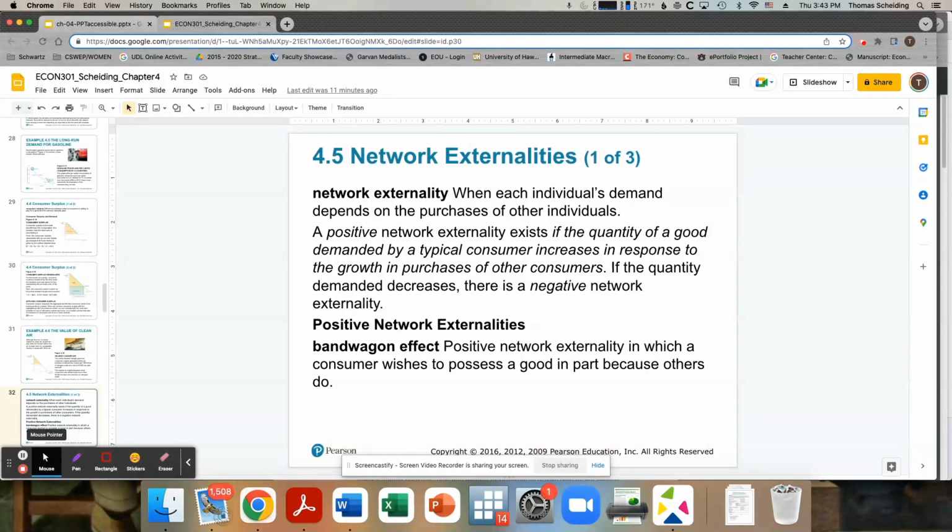And again, I'm just going to skip the examples to get us to our final topic for this chapter, which again is a pretty long chapter. It takes us to network externalities. These are products where the product becomes more useful the more people use it.